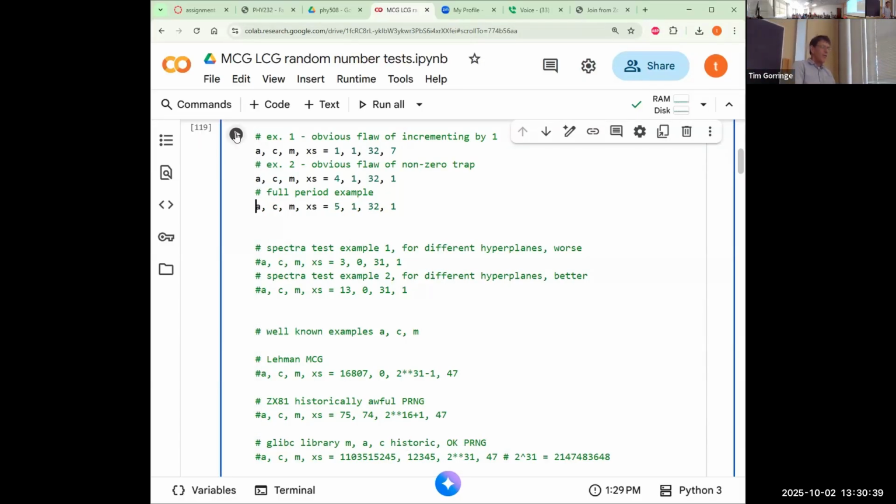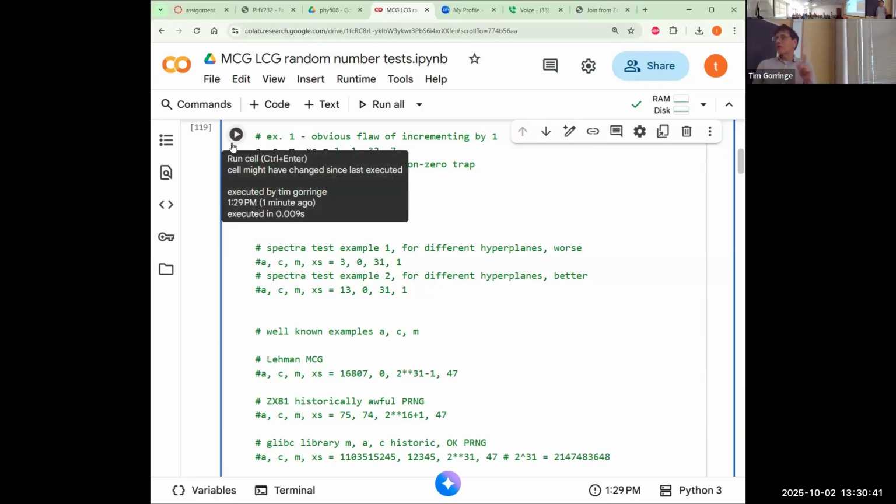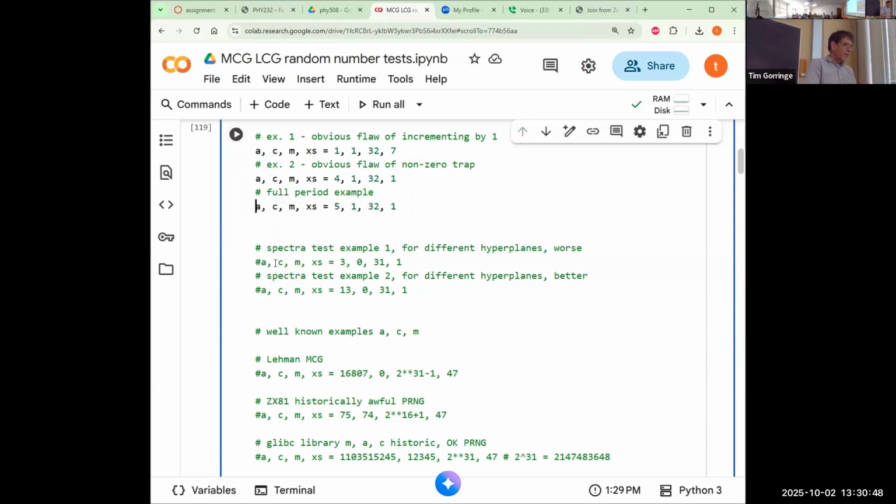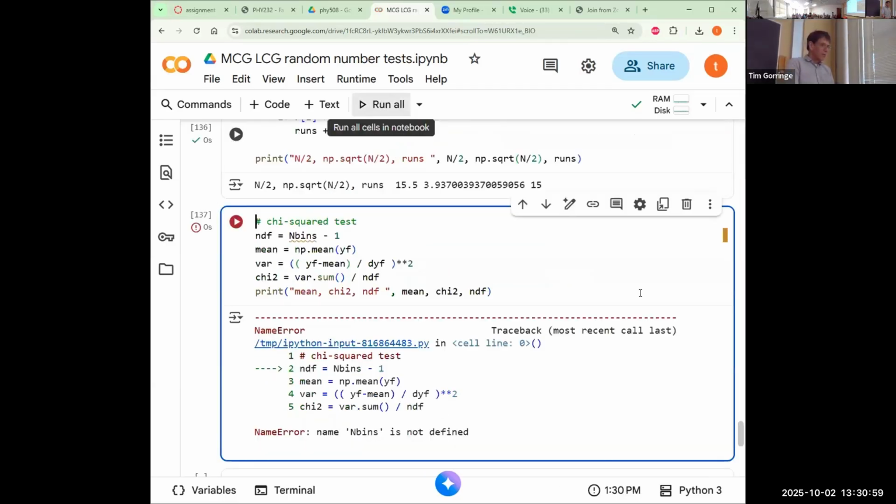Here's a case that fulfills all the conditions required for full period in a linear congruential generator. This has a multiplier of 5, not 4 or 1. And my offset is 1. My modulo is the same. And if we run this case, let's run it all.